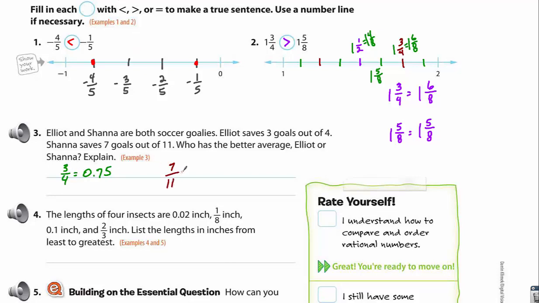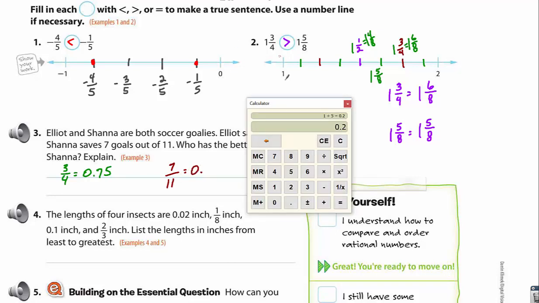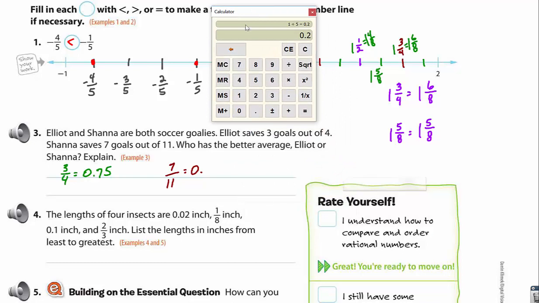7 out of 11, I couldn't tell you what 7 out of 11 is. There are a lot of things worth memorizing in life. What 7/11 is not one of them. So I'm going to use my calculator. 7 divided by 11, 0.6363. Now, see that 4? I know that 4 is just a rounding 4. It's going to keep going because there's a 6 after it that made it round up. So it's actually 0.63 with a line over it.